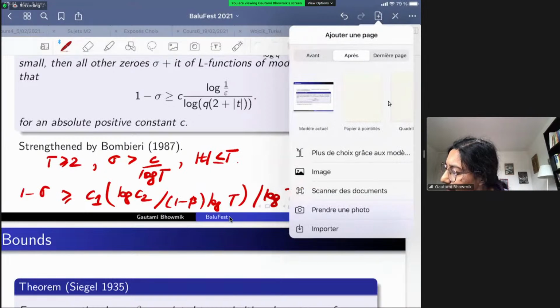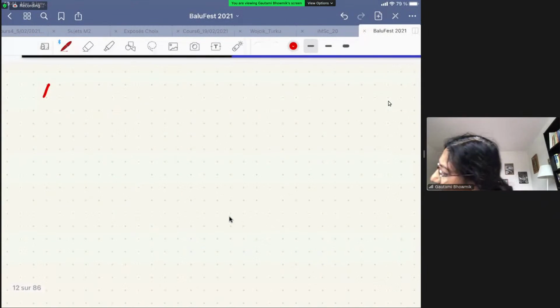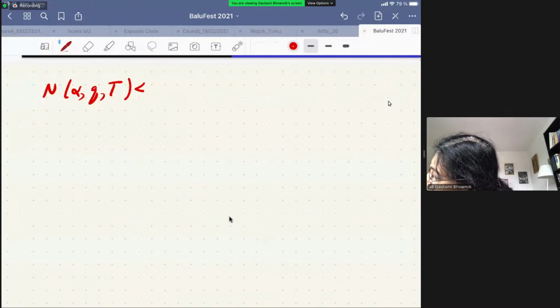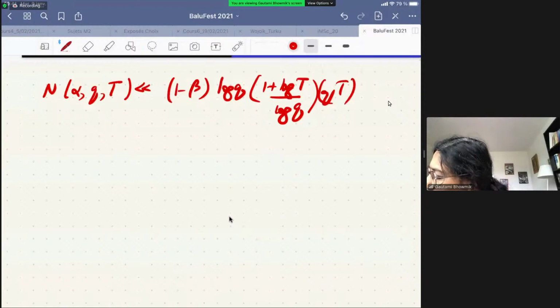You could have written it like this: N(alpha, Q, T) is less than (QT) to the power (1 minus beta) times (log Q)(1 plus log T by log Q), times QT times big O of 1 minus alpha.